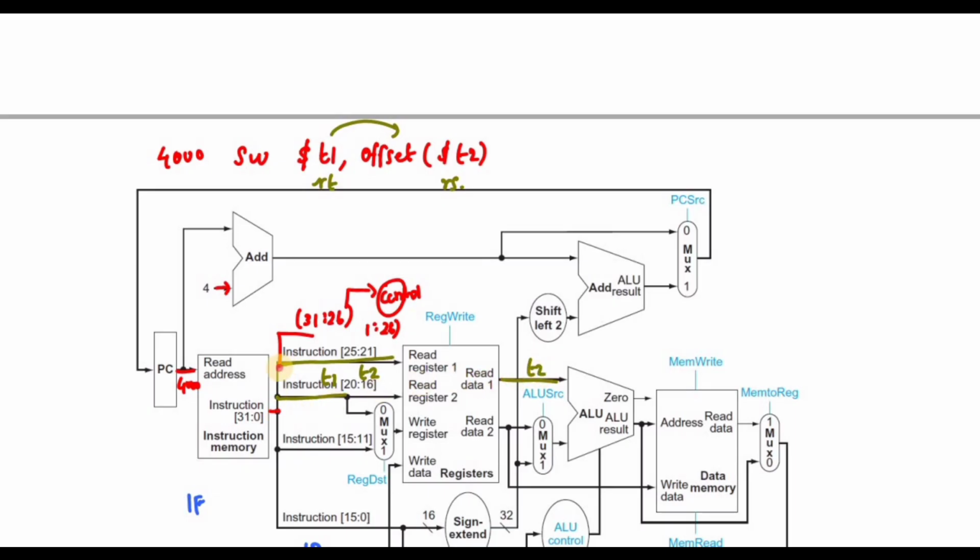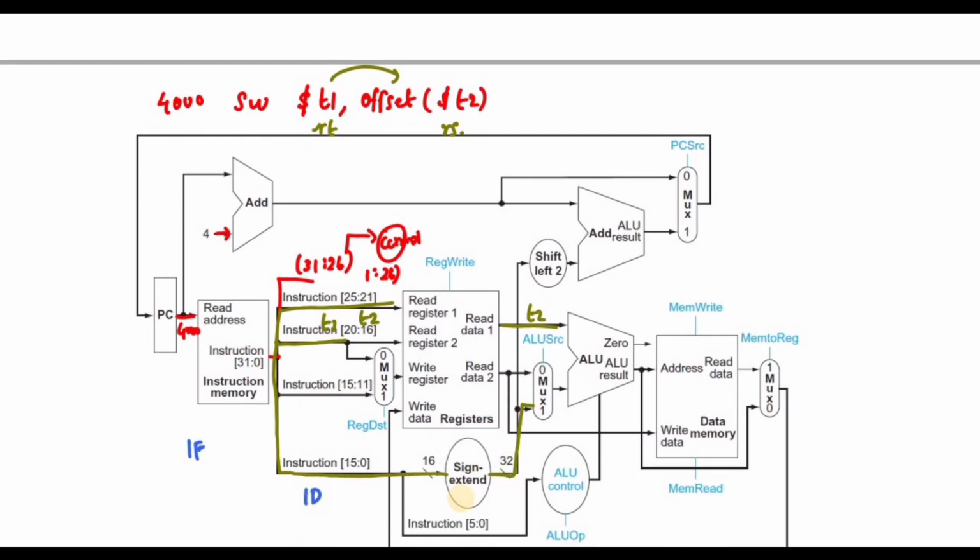I'm going to take the offset, and it comes here. The offset value has to be selected with 1, so the offset and T2 get added.